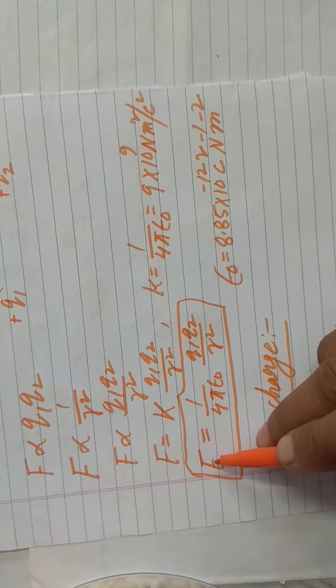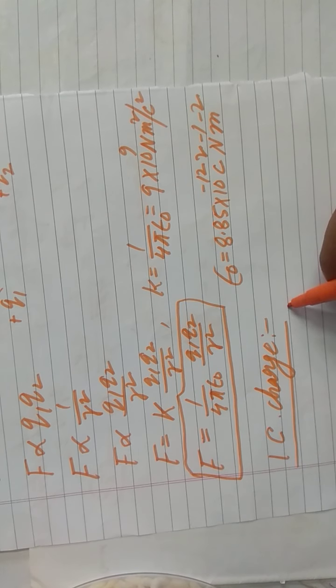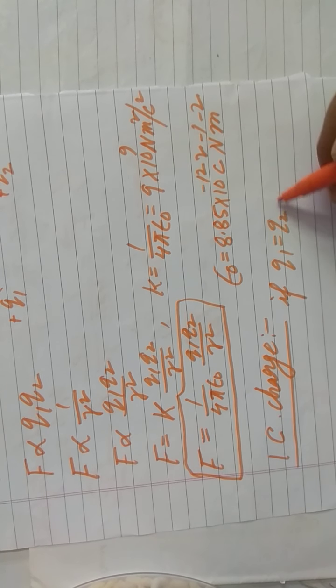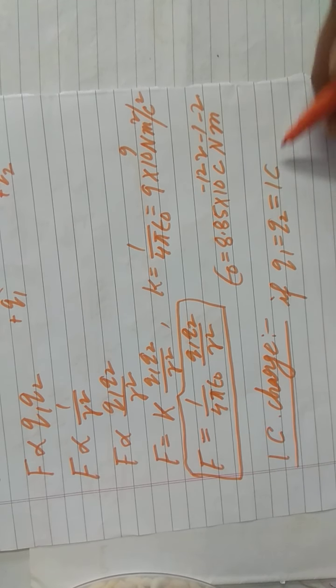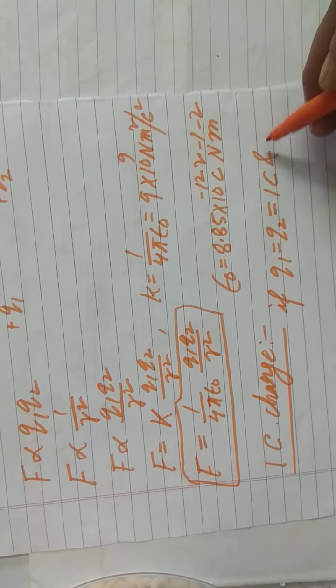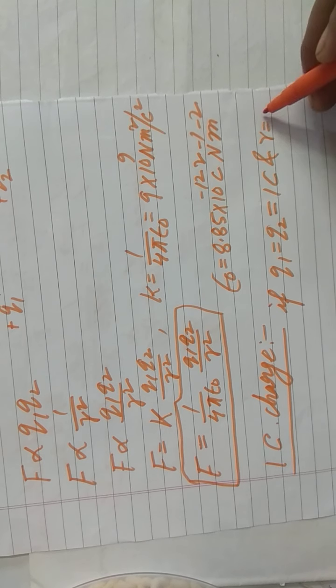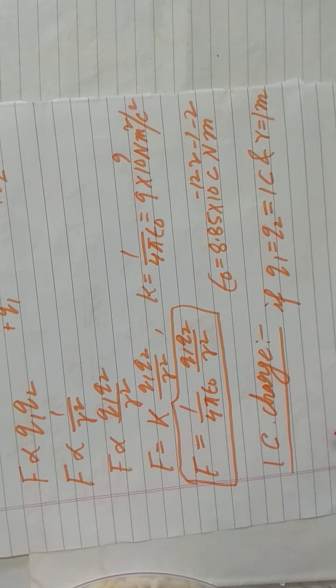See, it's very simple. If you take this equation, and in this equation, suppose Q1 equal to Q2 equal to 1 Coulomb, and R, that is the distance, R equal to 1 meter, I am taking the SI value, then from here F will be equal to what?